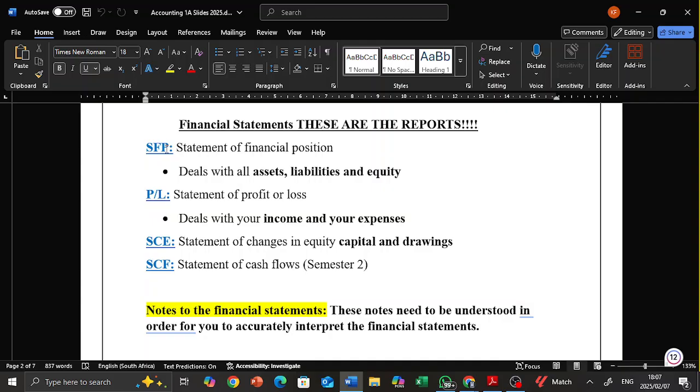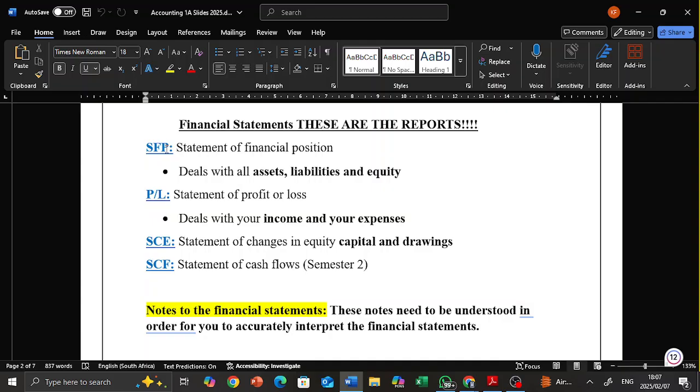There's a question in the chat. If we are selling machinery, do we debit bank and what do we credit? That all depends. That's why I didn't want you guys to think too far ahead. It depends on whether our company is a machinery selling company.